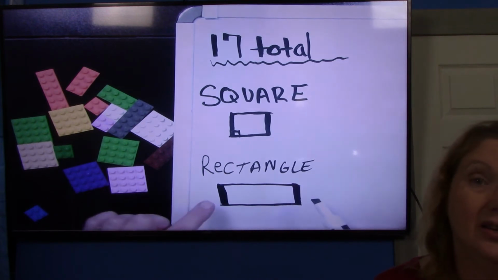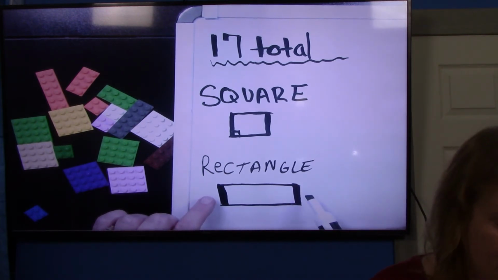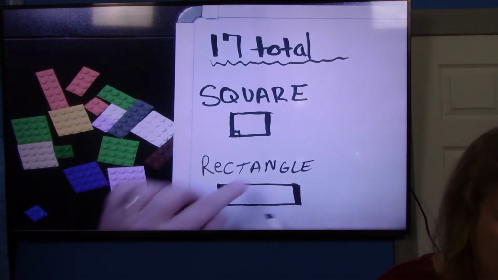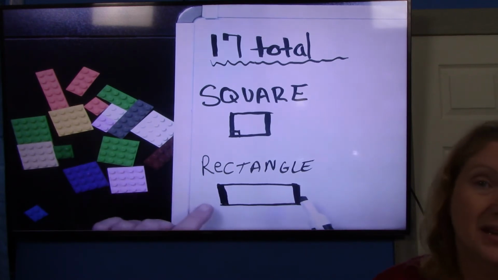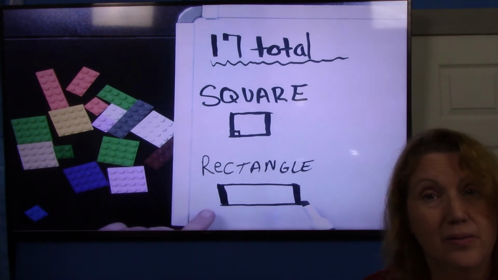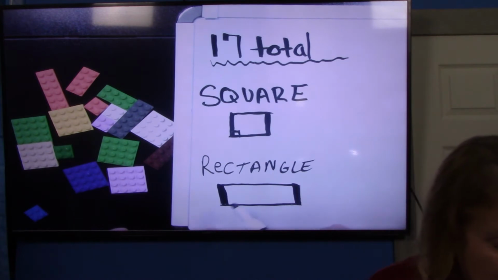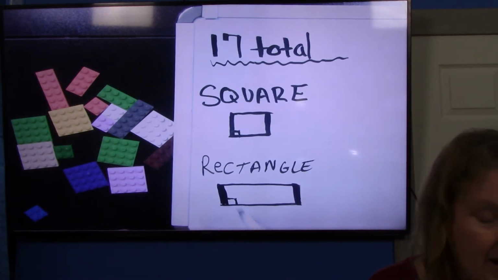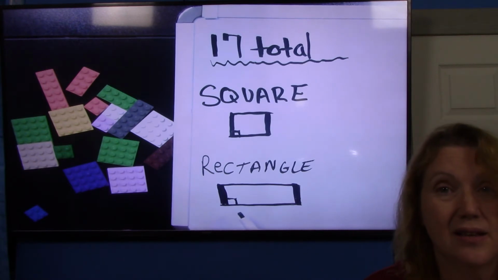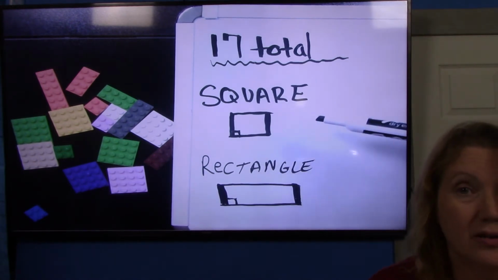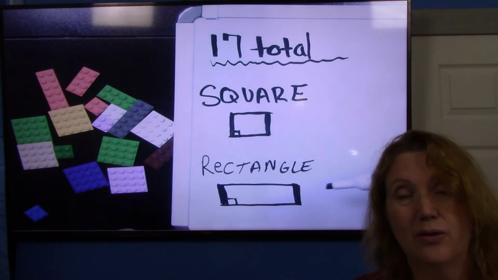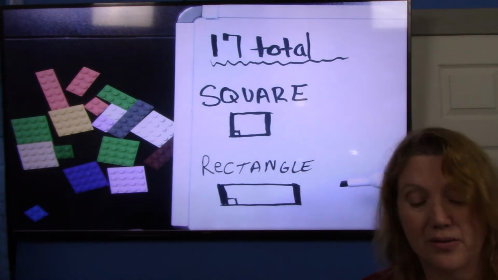What I mean here is, see how these 2 sides are shorter than these 2 sides? That's what makes this a rectangle. A rectangle also has corners that have right angles that look like this. So we have squares and we have rectangles, both here with our Legos.